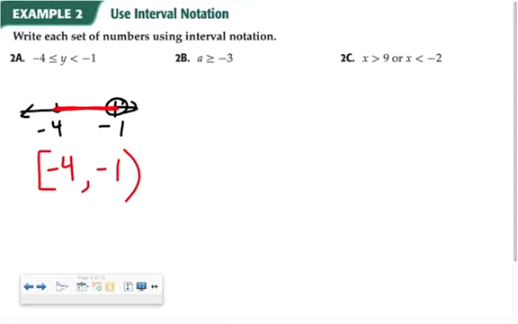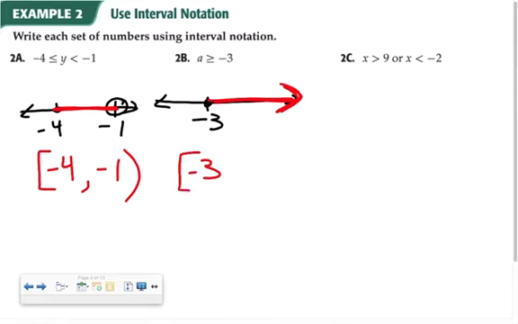For part B, if I have numbers that are greater than or equal to -3, again, think about this on the number line, I'd have -3, it's or equal to, and it's these values. So again, you start with your beginning value, which is -3.